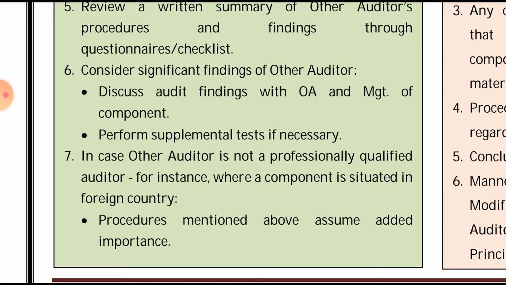That is, first, discuss the audit findings with the other auditor and the management of the component. Second, perform supplementary tests, that is additional tests, if necessary on those significant findings.